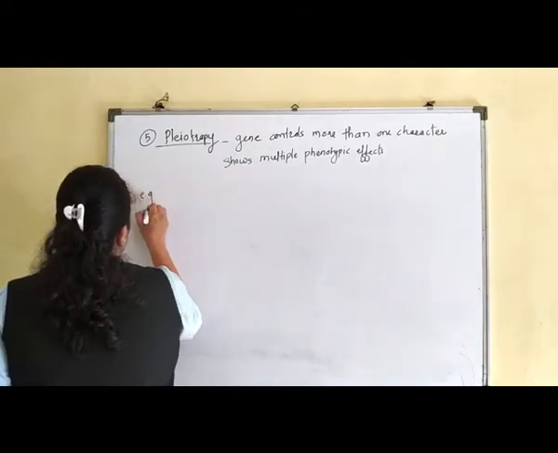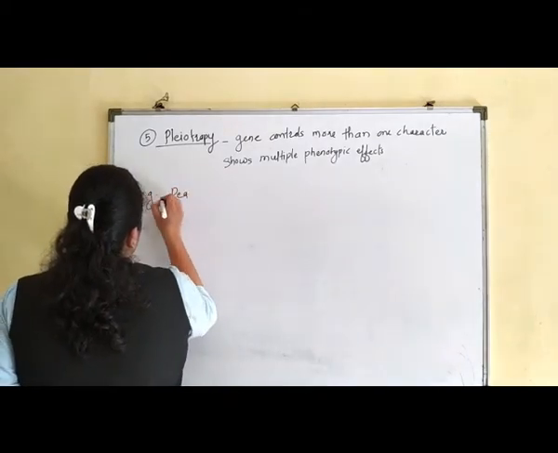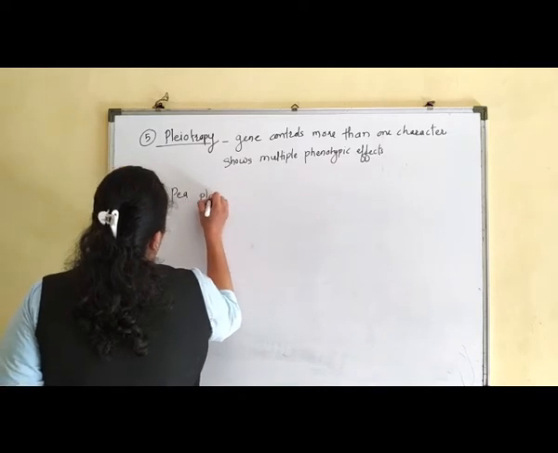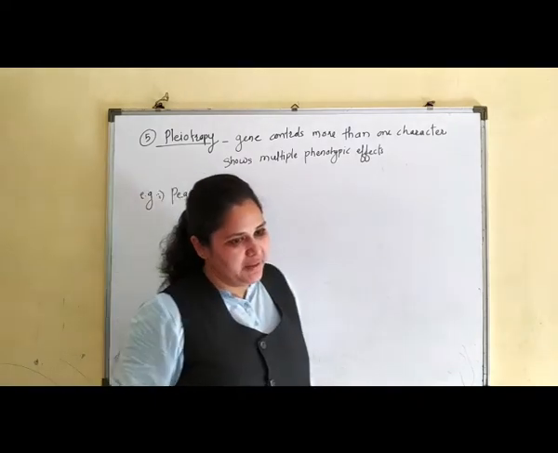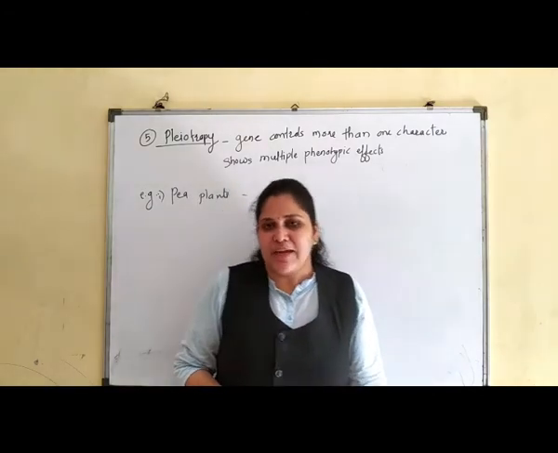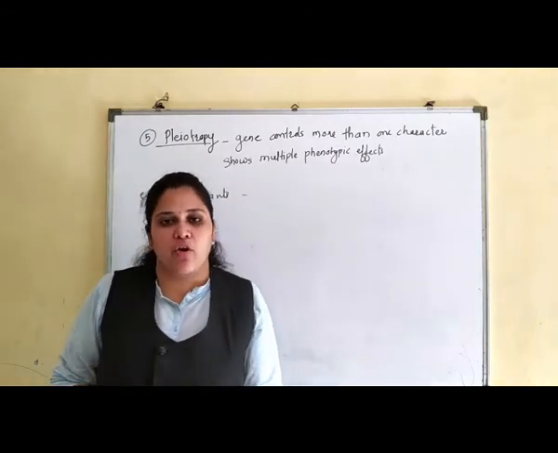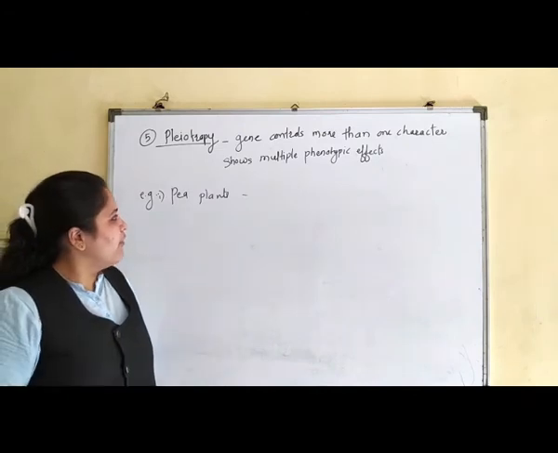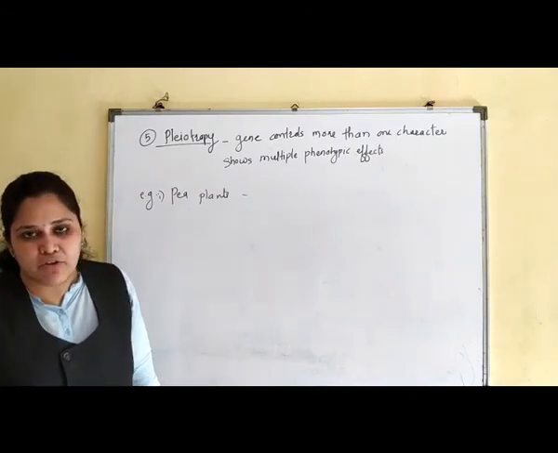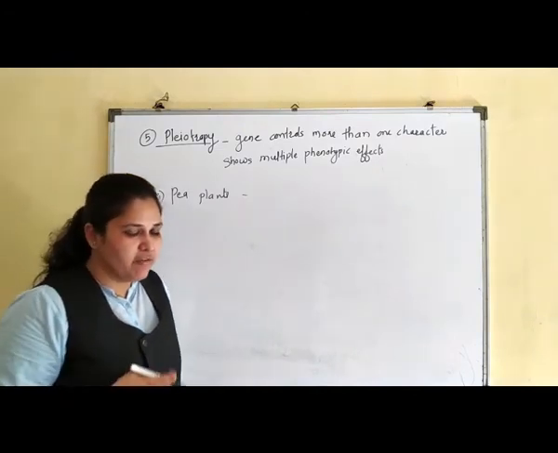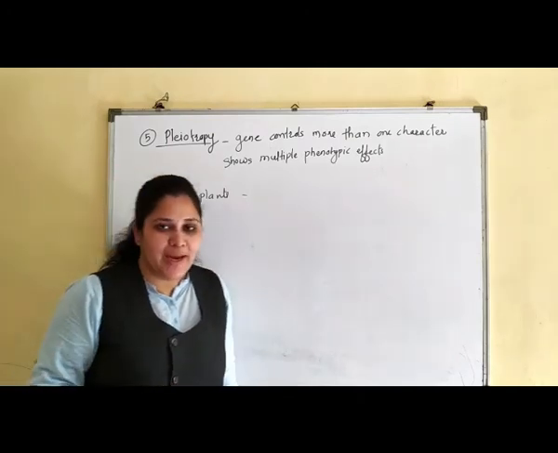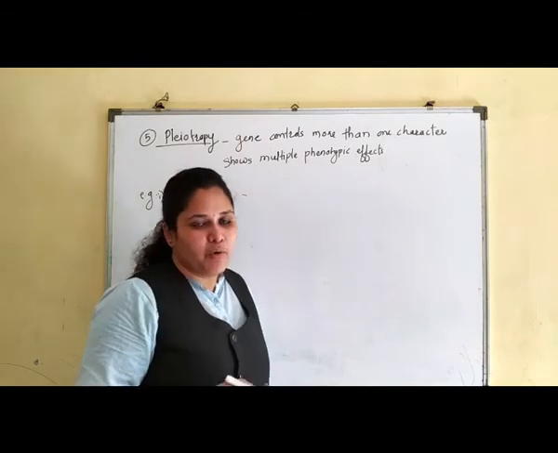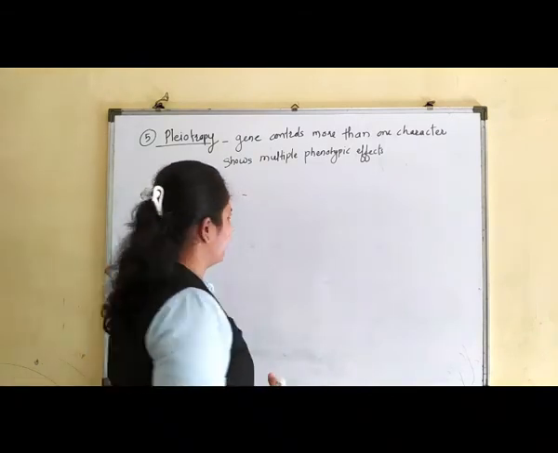In the case of pea plants, first example we'll see. We know the 7 contrasting traits which Mendel used. After that also, many scientists worked on the pea plant, and they found that in the pea plant there are many genes which can control several morphological or phenotypic expressions.